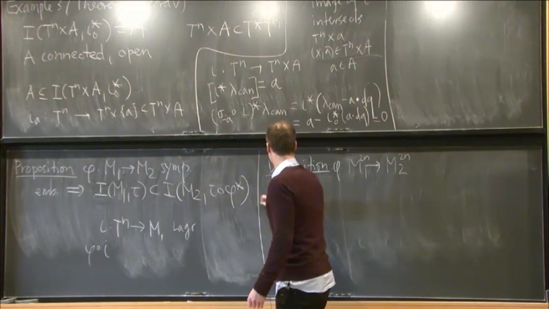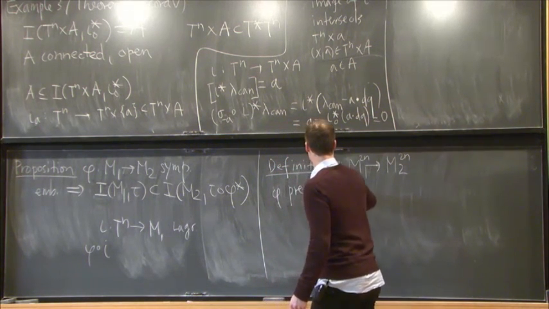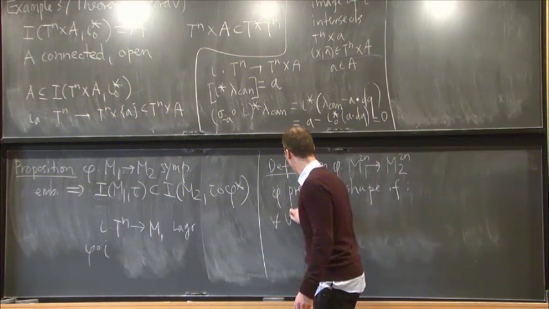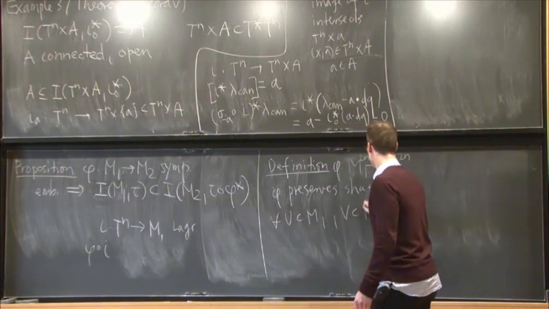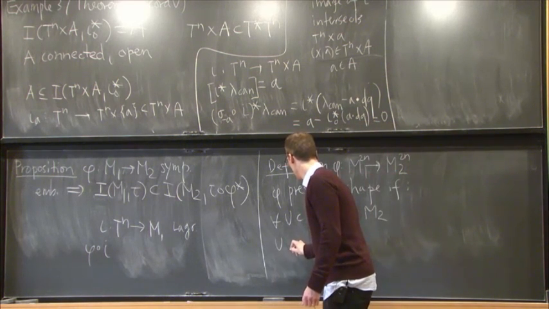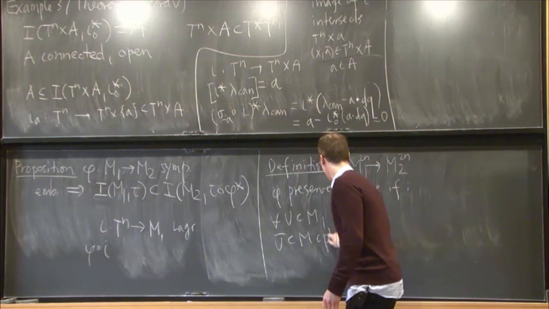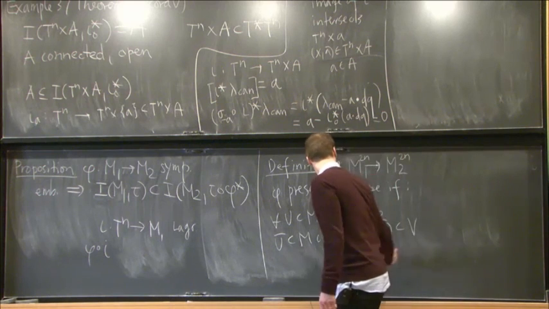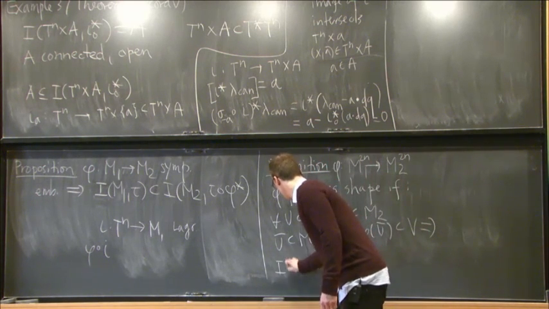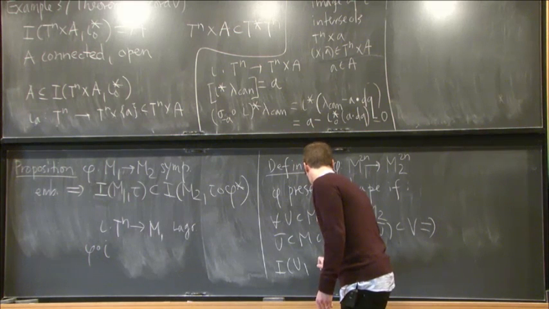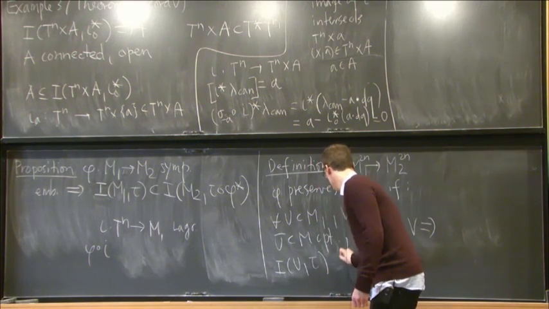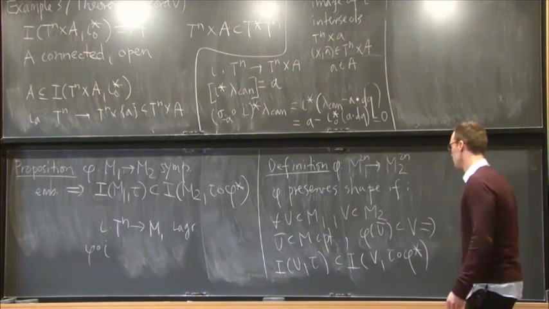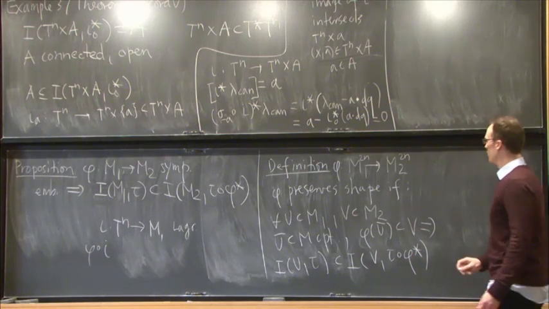And I say that phi preserves shape if for all U in M1 and V in M2, so that U bar in M1 is compact, and phi of U bar is in V, we have the shape of U contained in the shape of V. I should have mentioned something else here.